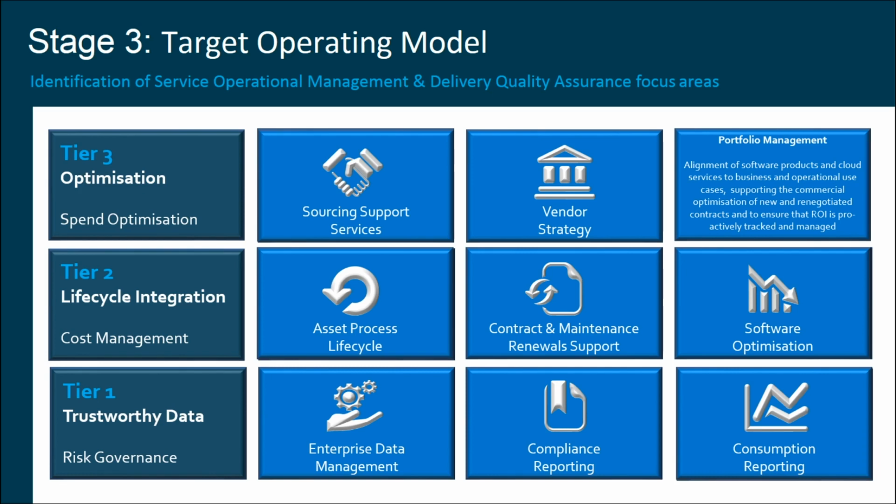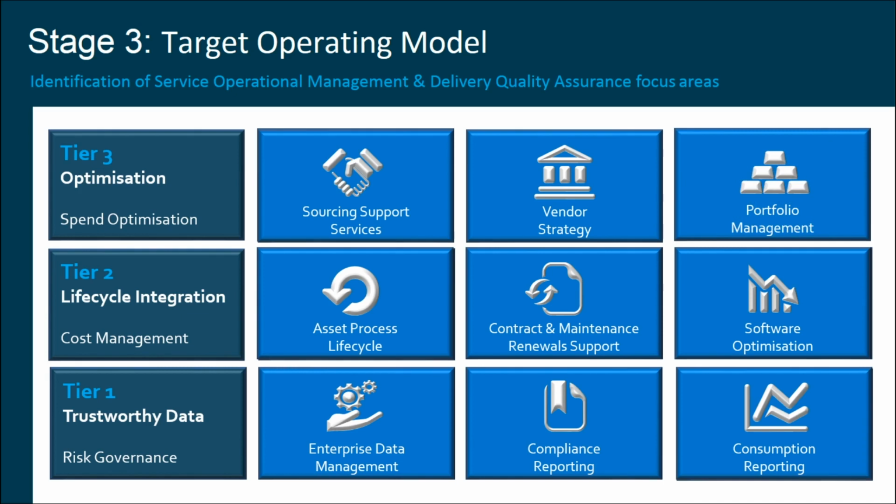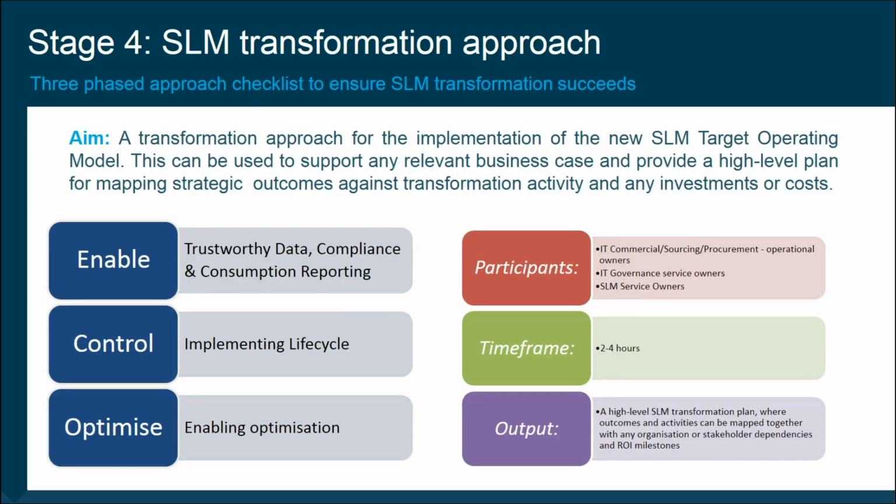That's how we've demonstrated a target operating model aligned to the ISO standard, and we encourage you to use all parts of it. The blueprint goes into a bit more detail on that aspect. Please do use it. So just to complete this then, let's look at stage 4. So stage 4 is about transformation.